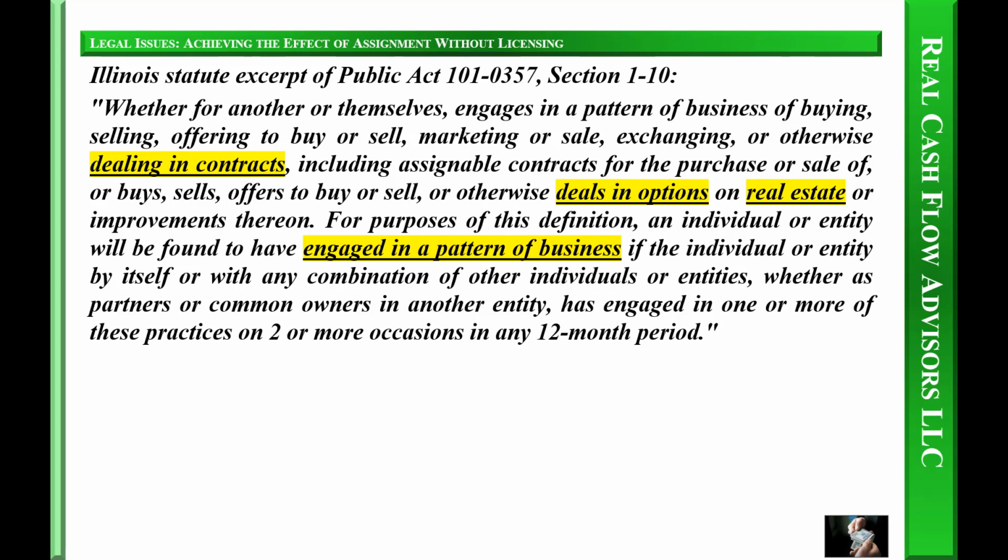For purposes of this definition, an individual or entity will be found to have engaged in a pattern of business if the individual or entity by itself or with any combination of other individuals or entities, whether as partners or common owners, in another entity, has engaged in one or more of these practices on 2 or more occasions in any 12-month period.